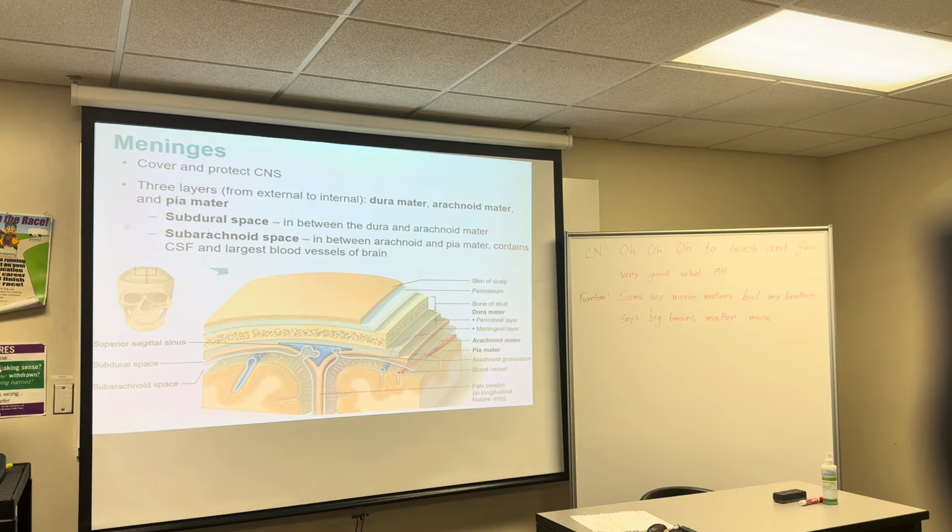So those three layers, we call them dura mater, arachnoid mater, and pia mater. As you can see right here, this is your skull. Right underneath the skull, you have dura mater, okay?